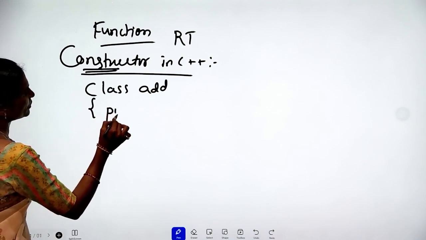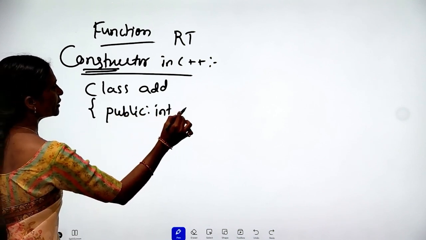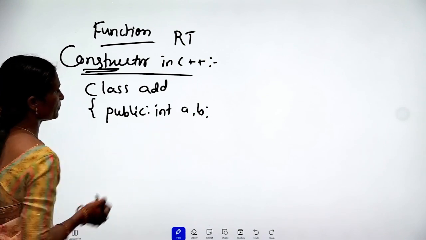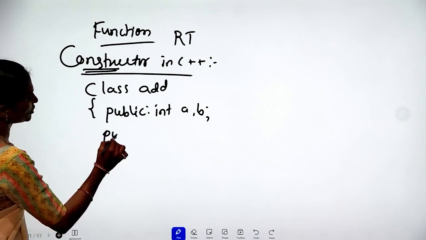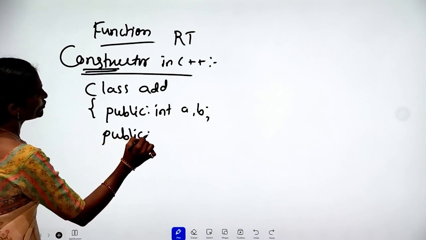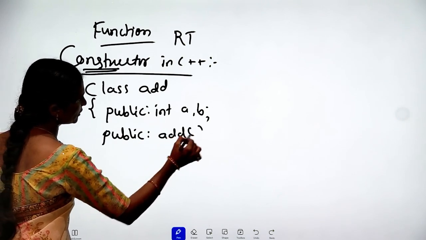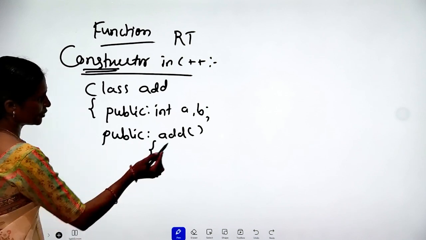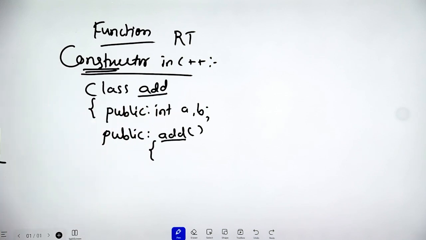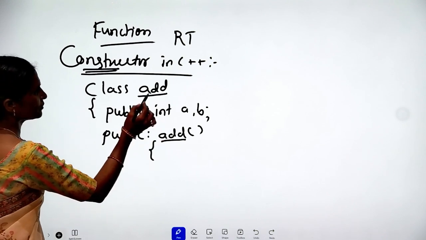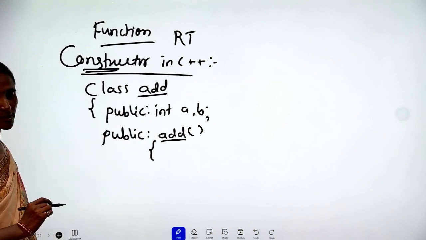We have data members of the class, A and B, declared in the private section. Now in the public section, we are using a constructor called App. Because the function name and the class name are the same, it is called a constructor.